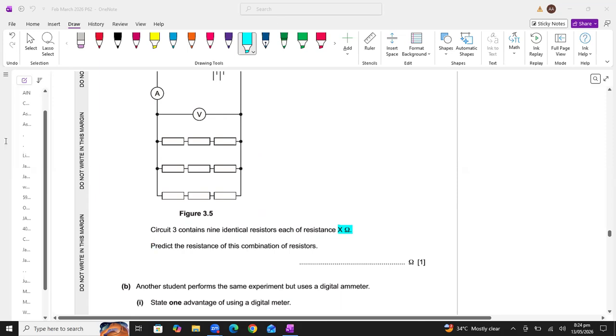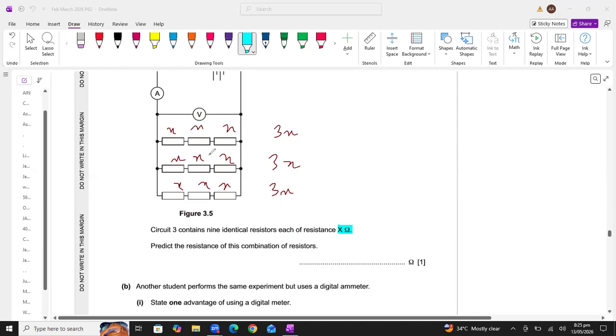So obviously, students, according to the theory, if I solve all these resistors, we will get the answer x ohm. Like x will give us 3x. Again, x will give us 3x. So all together they are added to give 3x. Then these 3x resistors are connected in parallel combination.